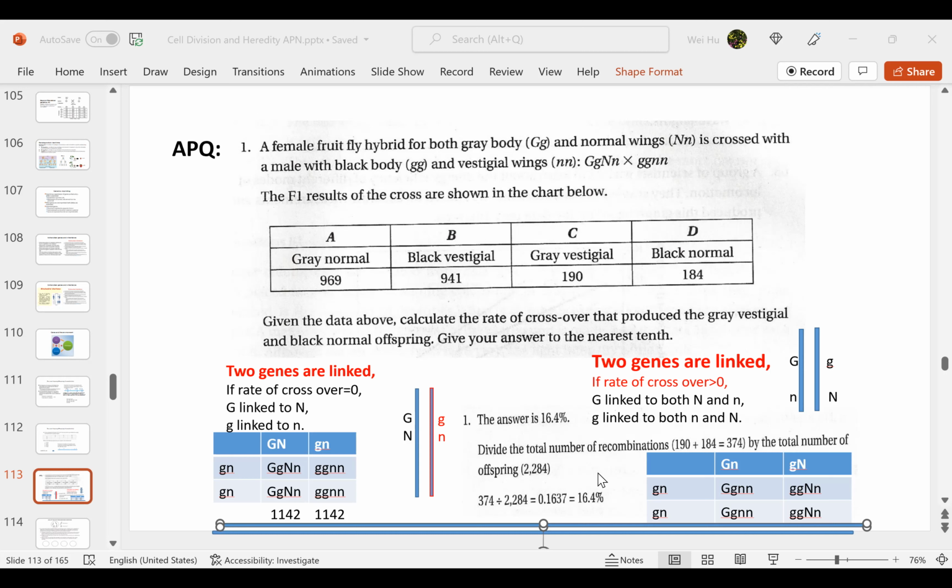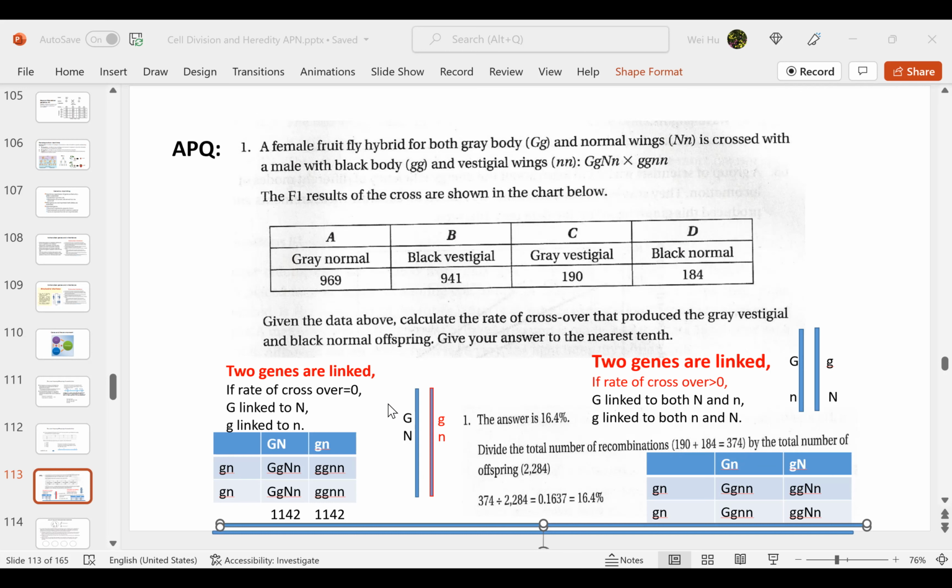So you add these 2 to get 374 divided by 2,284, then equal to 16.4%. Okay, the calculation again is very simple. What is most important, you have to know the concept.